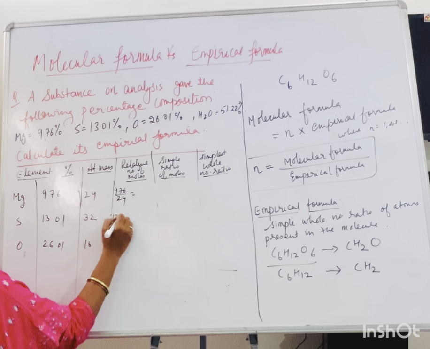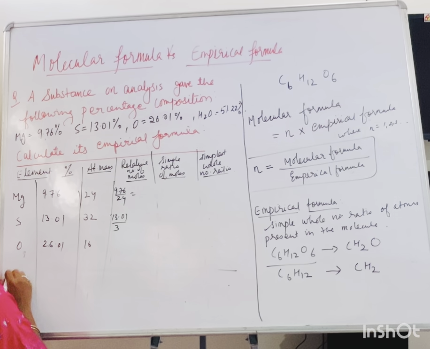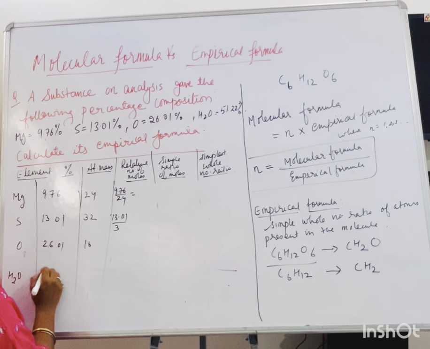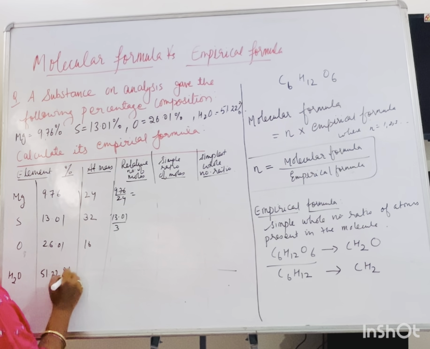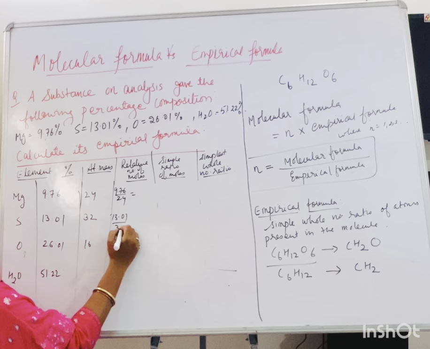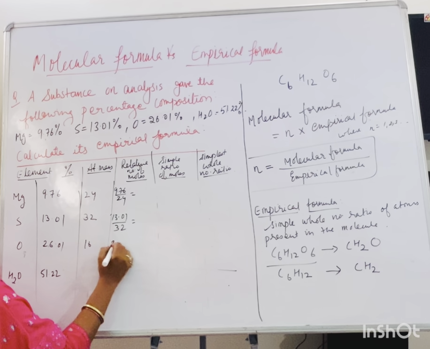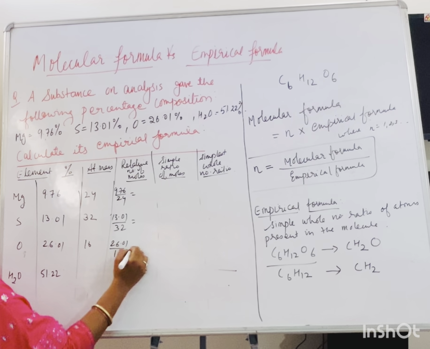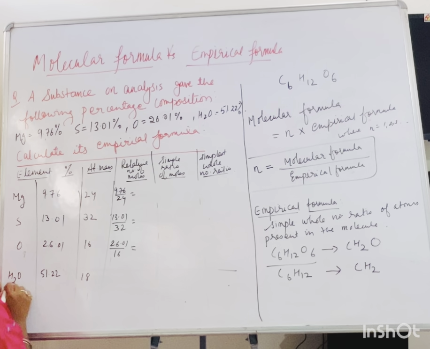This will be 13.01 divided by 32, and then 26.01 divided by 16, and we have water molecule. यहाँ पे water molecule है, तो water molecule molar mass क्या होता है? 18. So we will divide it by 18.